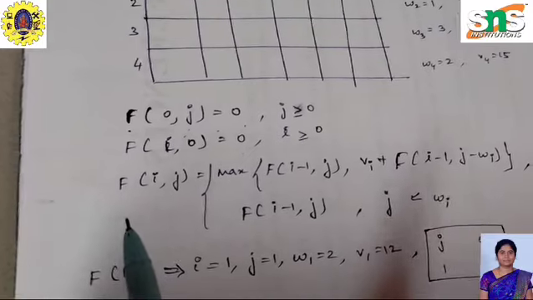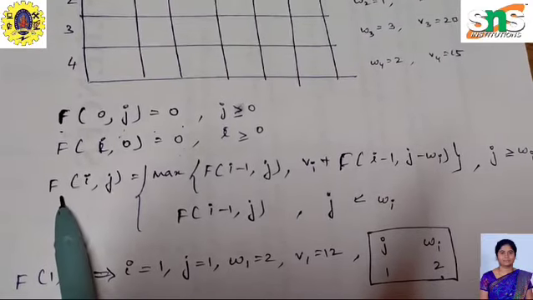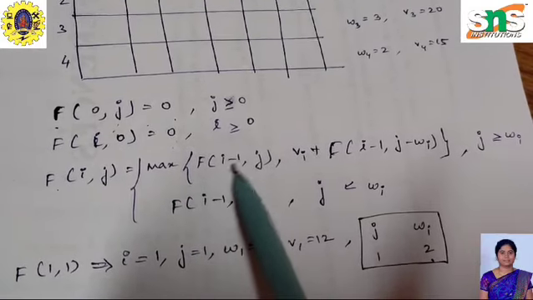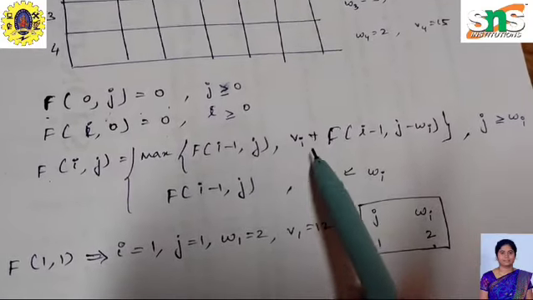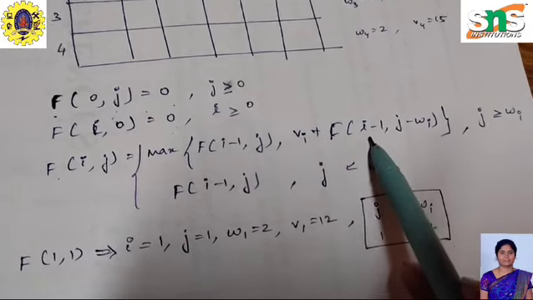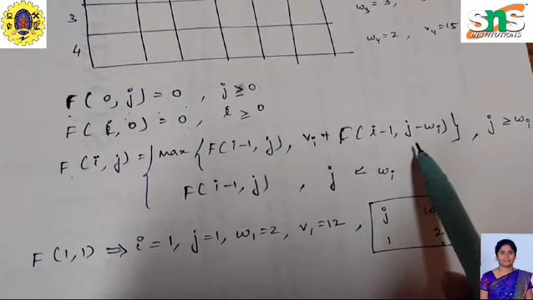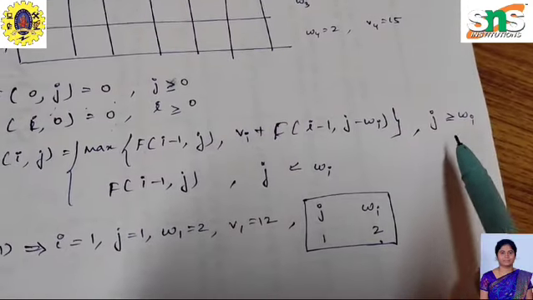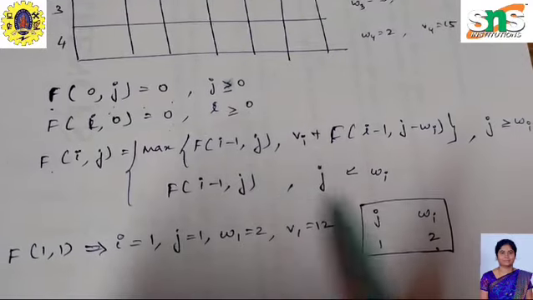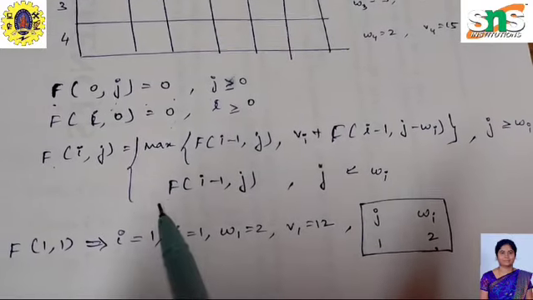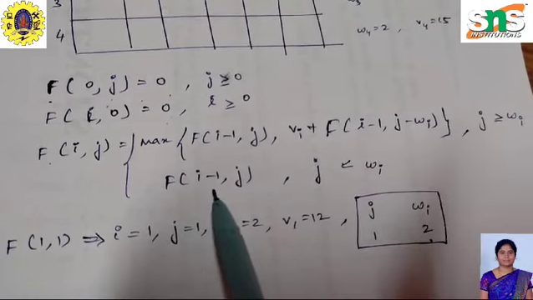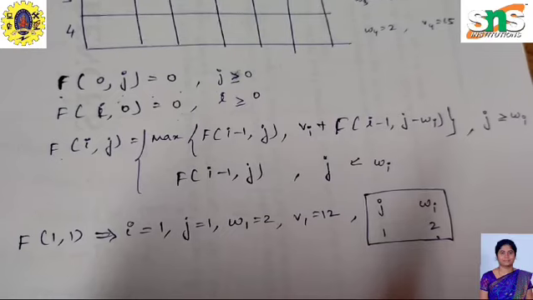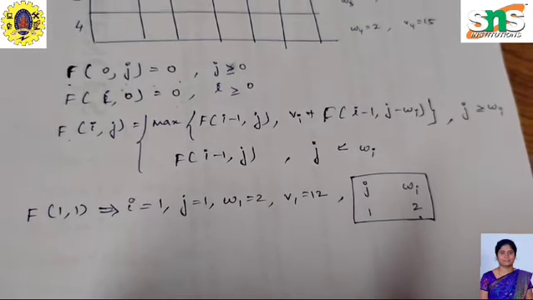For the remaining, f of i comma j is the maximum of f of i minus 1 comma j, and vi plus f of i minus 1 comma j minus wi. This is the formula for the condition j greater than or equal to wi. If j is less than wi, then the formula is f of i minus 1 comma j. So these are the 4 formulas we are supposed to consider for this problem.